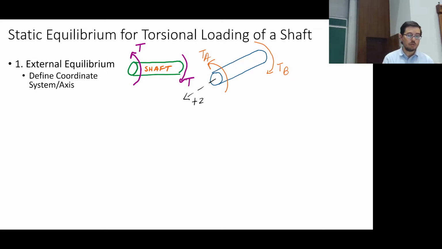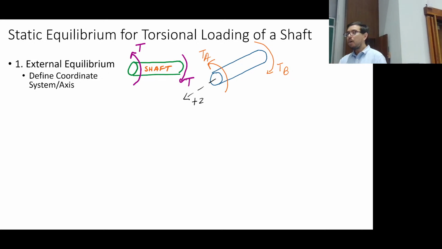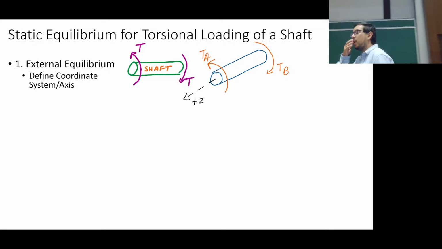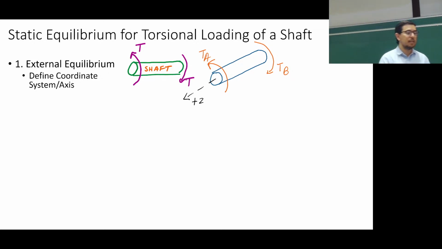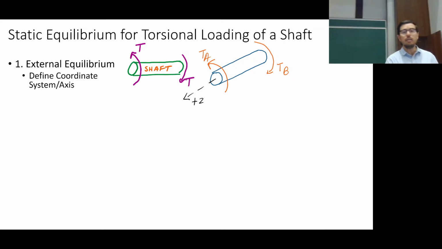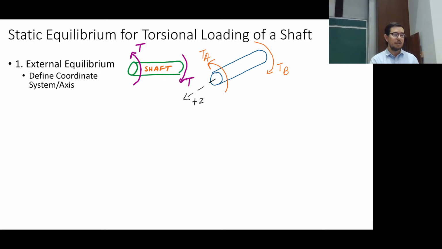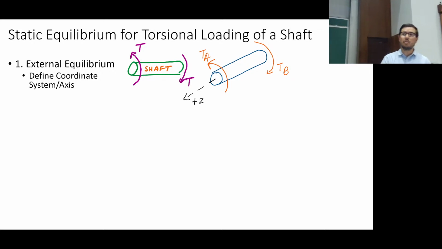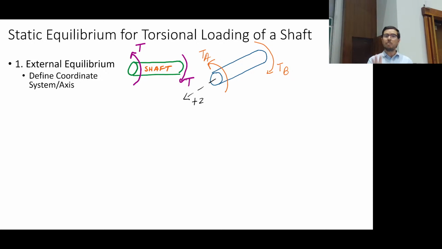So here's the coordinate system. I've arbitrarily picked it coming out positive on the A side of the system. Okay? I could have done it on the opposite. It doesn't really matter as long as we're consistent with the particular aspect of the problem we're trying to solve.